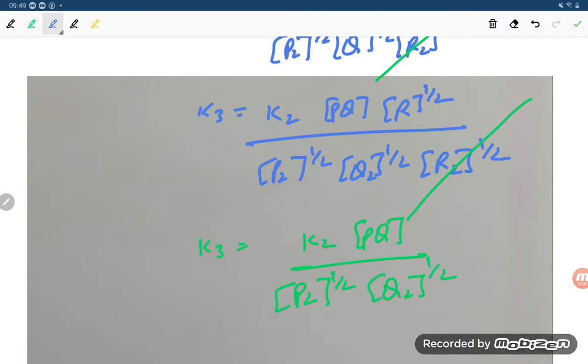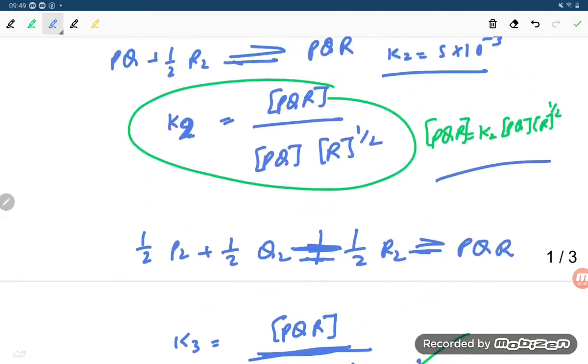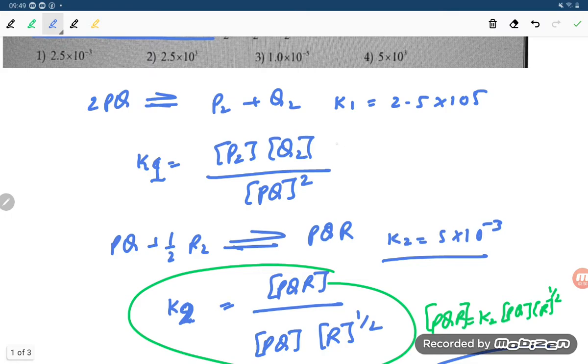From where will we get this? If you see K1, it has P2, Q2 and PQ.